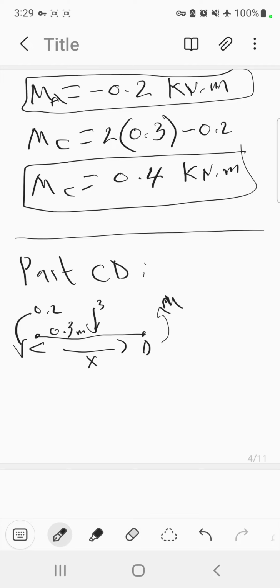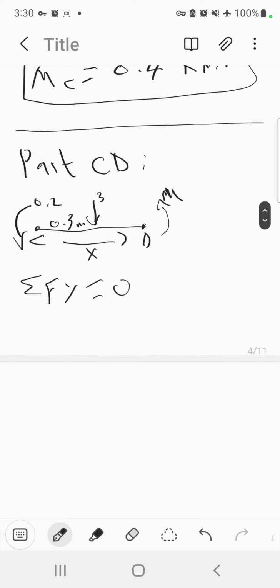So now let's find the summation in Fy equal to 0. Okay, we have 2 minus 3 minus V equal to 0.